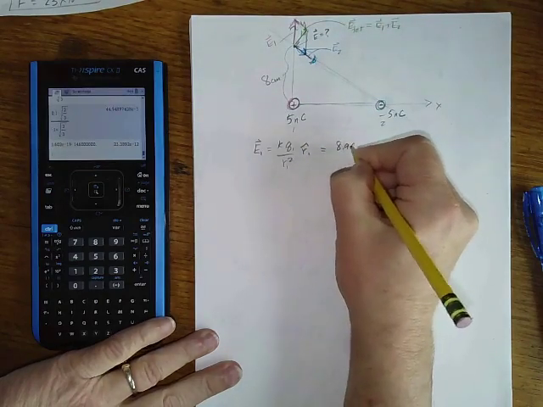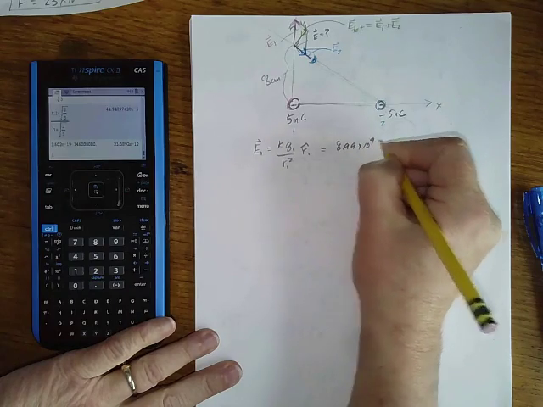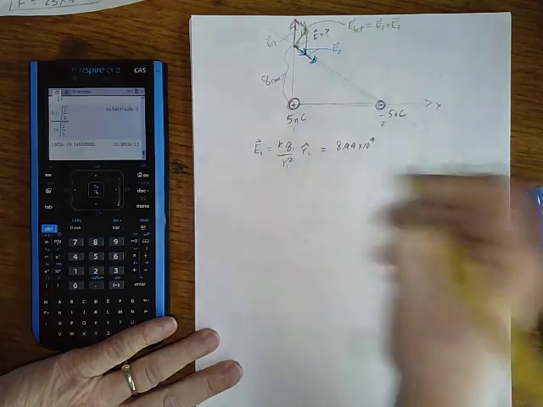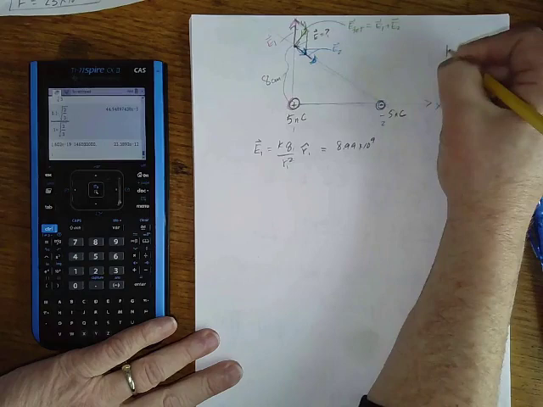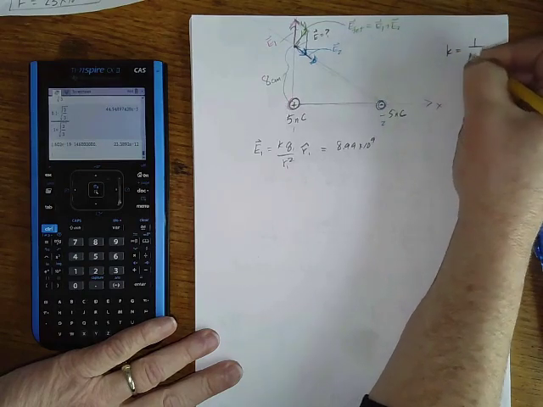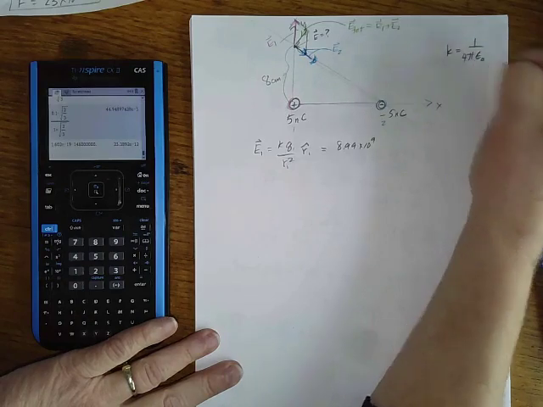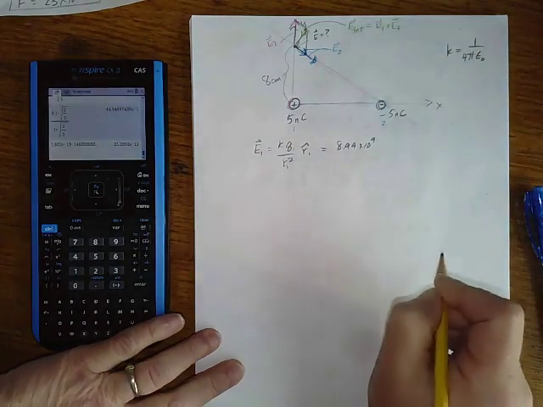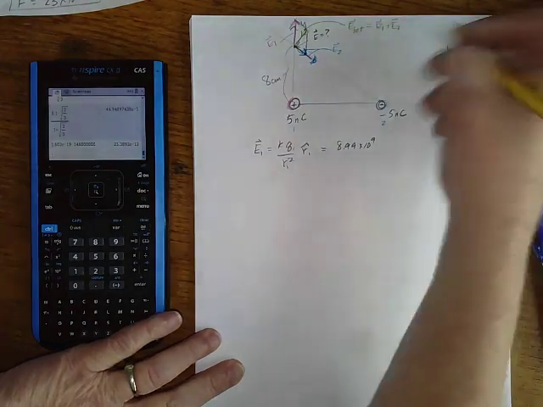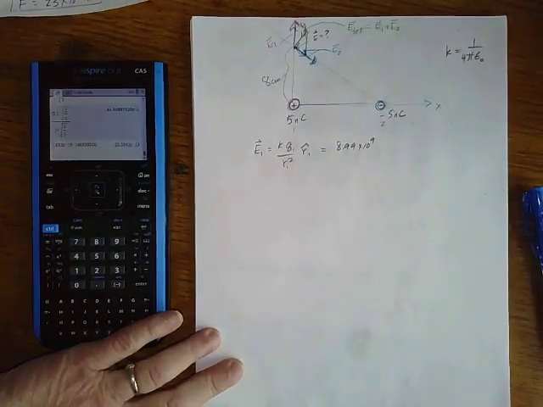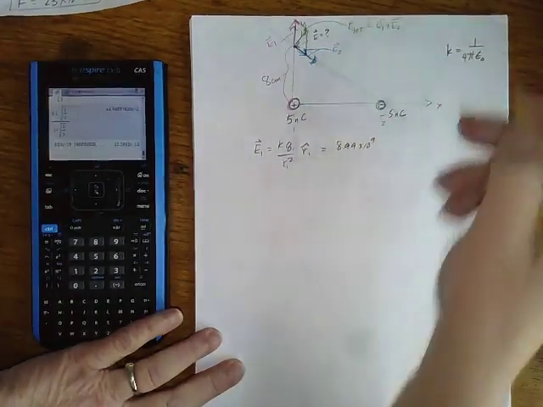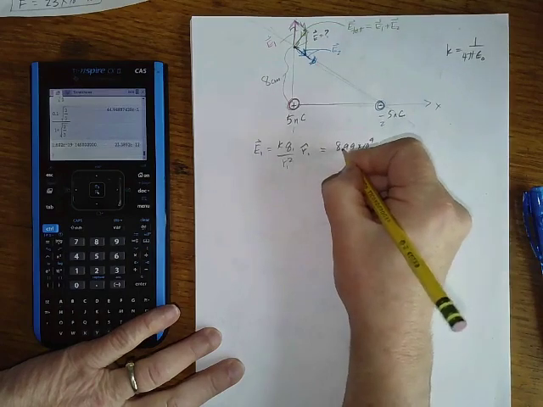K is the same old K, 8.99 times 10 to the 9th. Some problems might tell you to do it in terms of epsilon naught. Remember, K is 1 over 4 pi epsilon naught. If it asks for that, you can just directly substitute in. But K is kind of nice, just a few less things to keep track of in the equation.